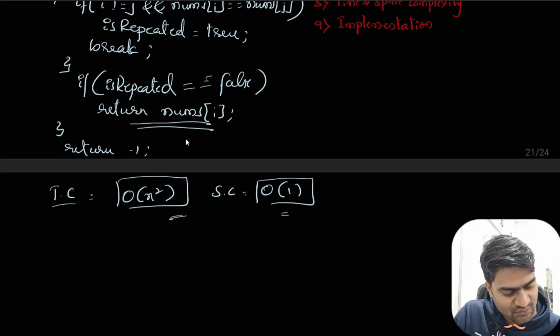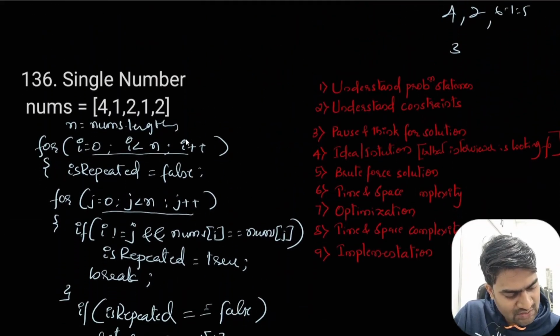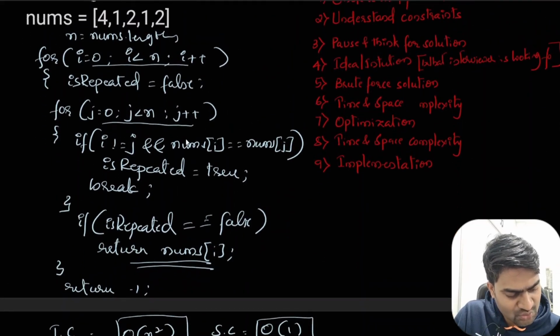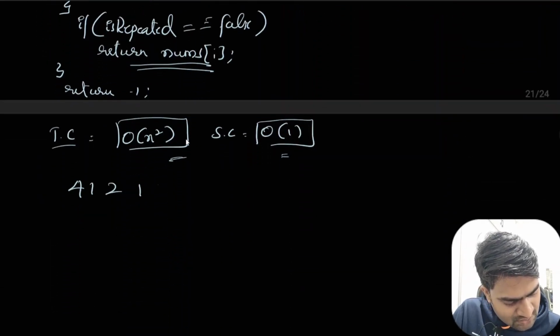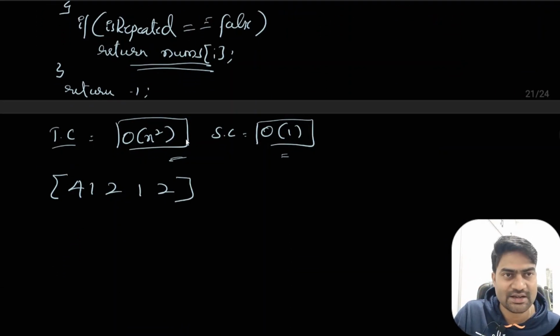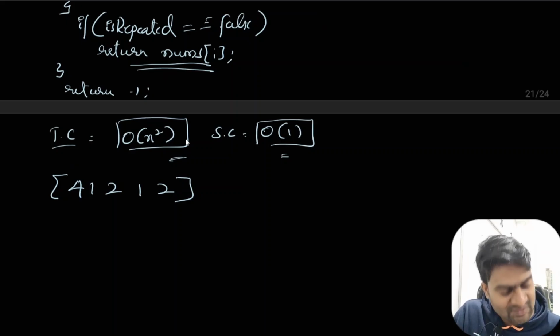Let's see. So we have this array 4 1 2 1 2. This is our array, correct? Now I know each number will appear 2 times except only one number. So I will simply sort this one.